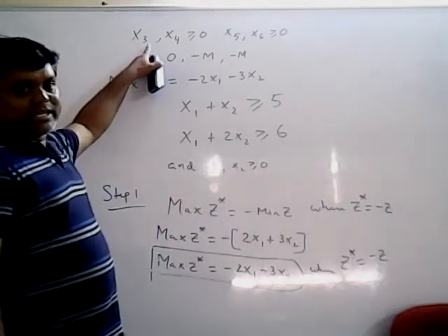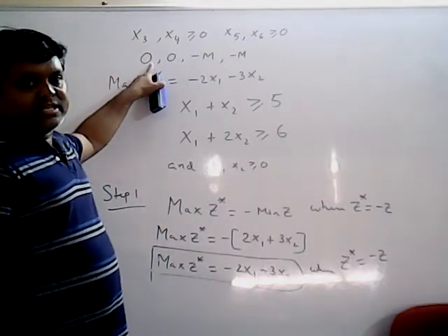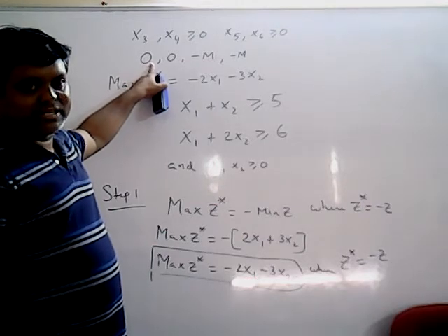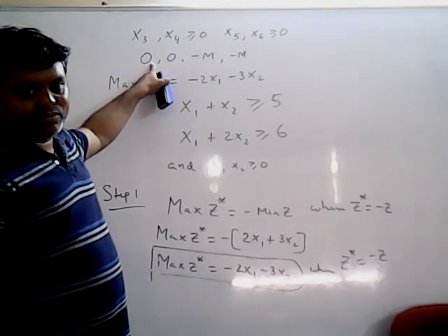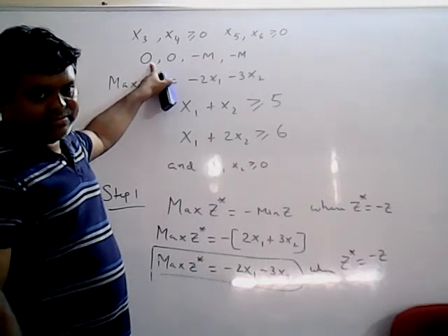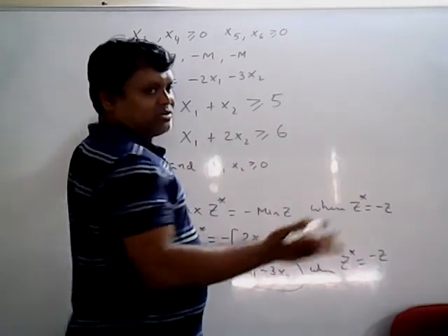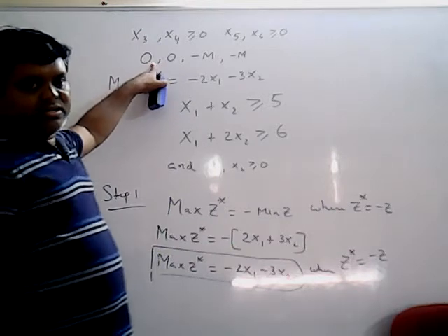Next, the surplus variables' cost is 0. Surplus variables are generally subtracted, but in the objective function you don't need to subtract, so you can write plus 0 or minus 0; 0 is the value.